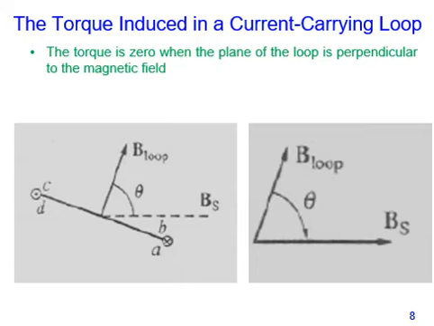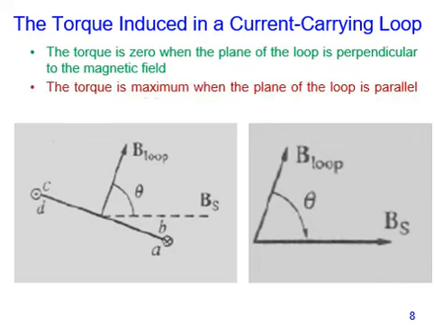The torque is zero when the plane of the loop is perpendicular to the magnetic field. The torque is maximum when the plane of the loop is parallel to the magnetic field.